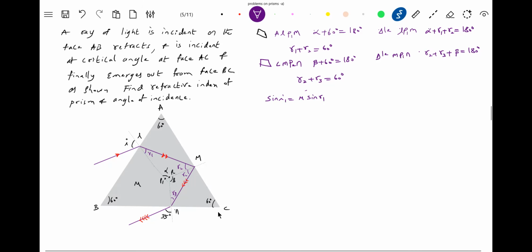Here we have to calculate the refractive index of the material of the prism. We don't have any further information like the total deviation. All that information is not available like in the previous problem. Check it. If you want to, you can calculate, but that information is not available for us.